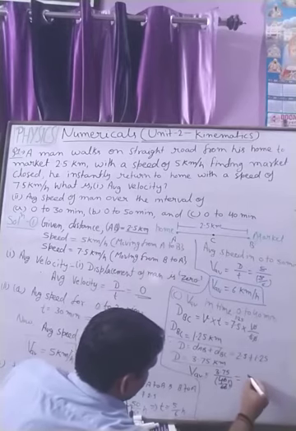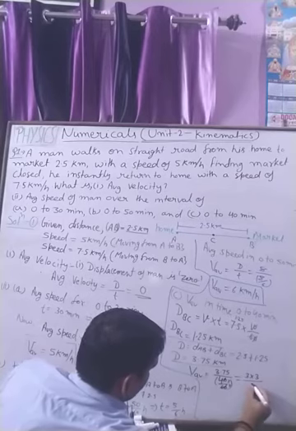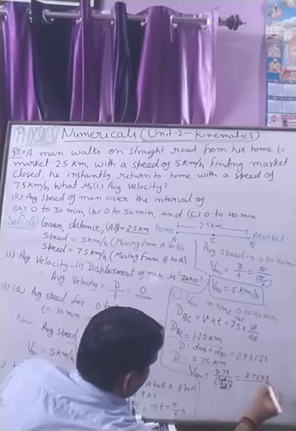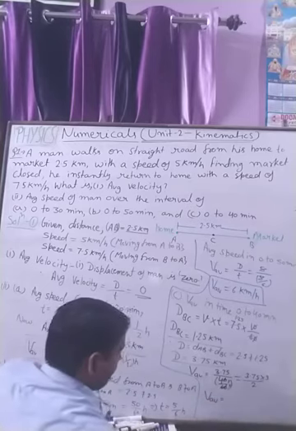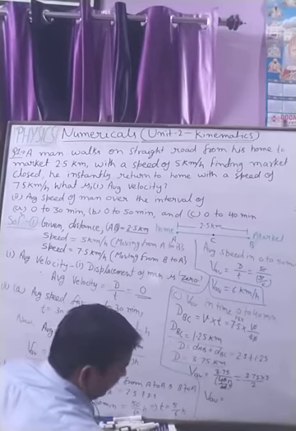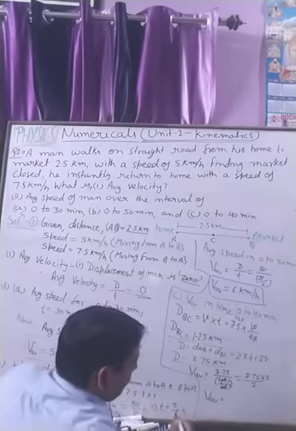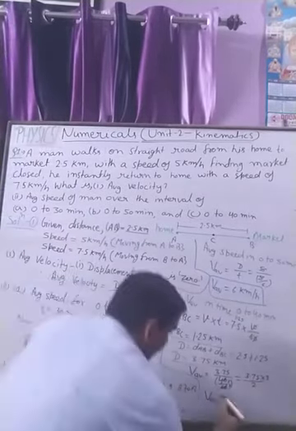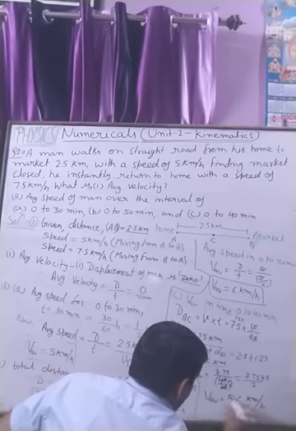So we can get 3.75 into 3 upon 2. Therefore, average speed we calculate is 5.6 kilometer per hour.